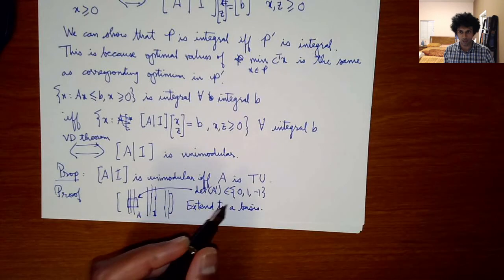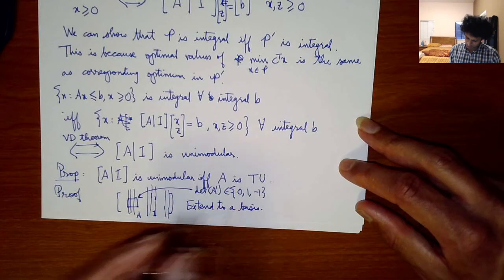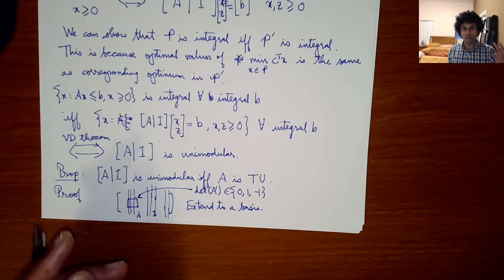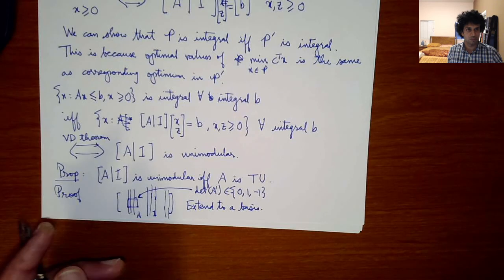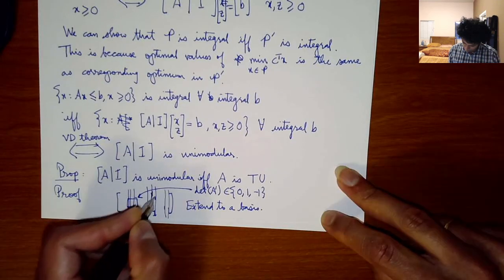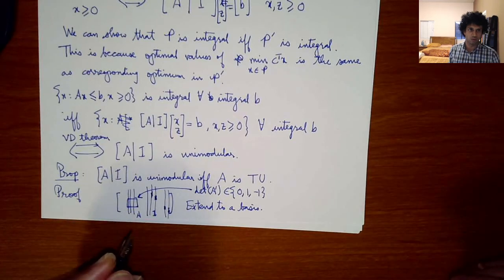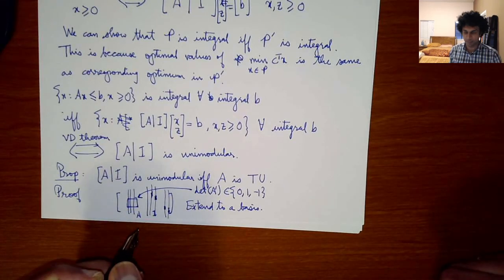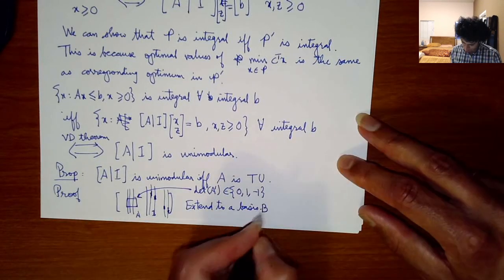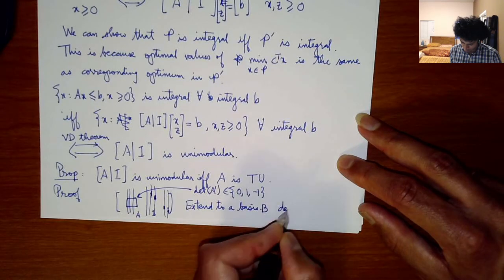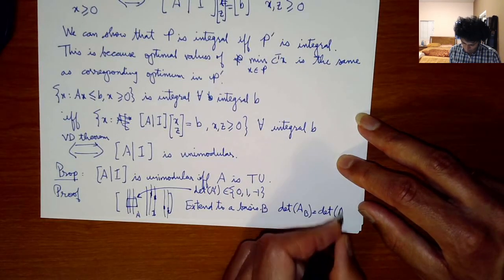So if the determinant is non-zero, then you extend to a basis. And then the determinant of the basis is plus or minus 1. But note that because you padded with the columns of the identity matrix, the determinant of that basis is going to be the determinant of A prime. So extend to a basis B, and you can argue that the determinant of A restricted to that basis is going to be equal to the determinant of A prime.